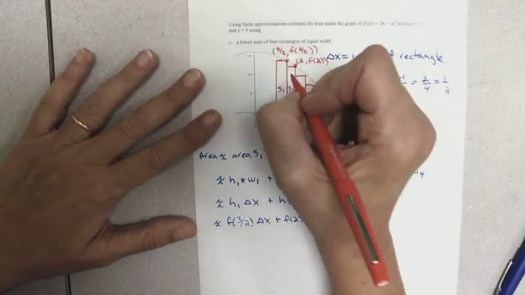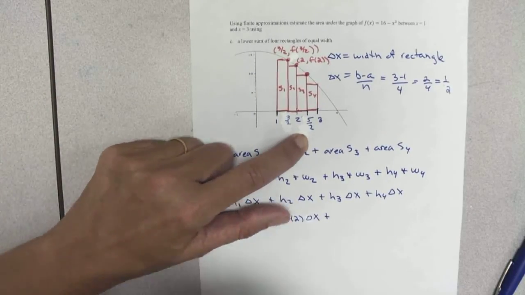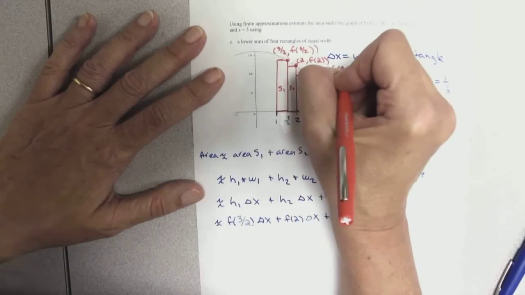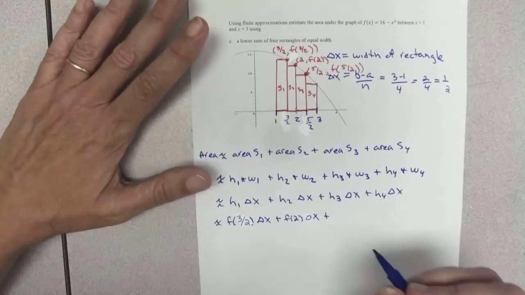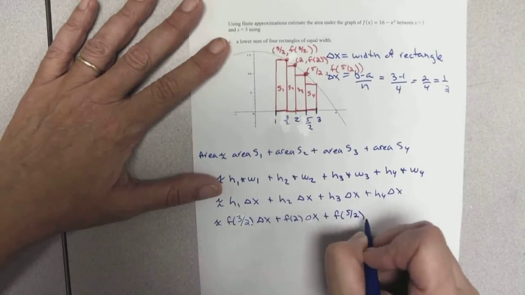Height 3, right there. My x-coordinate is 5 halves, so that's going to be 5 halves, f of 5 halves. And so my height is the y-coordinate, so f of 5 halves.